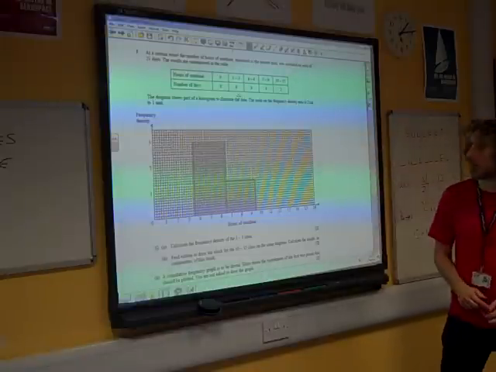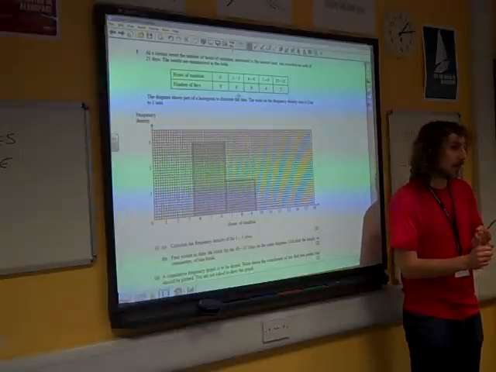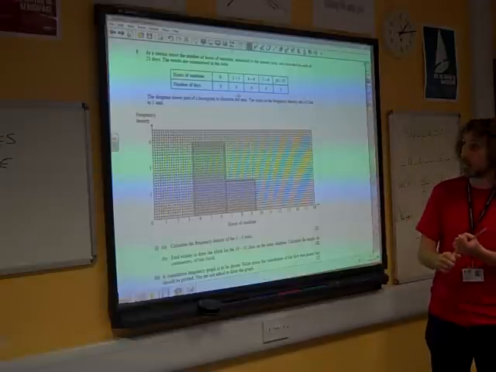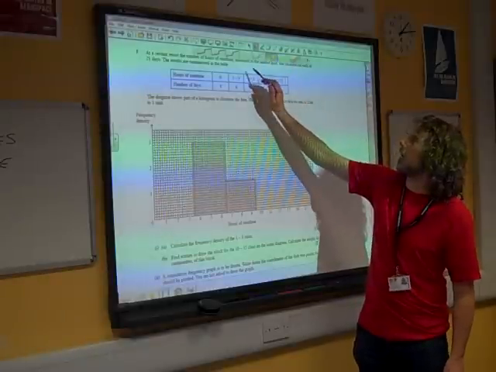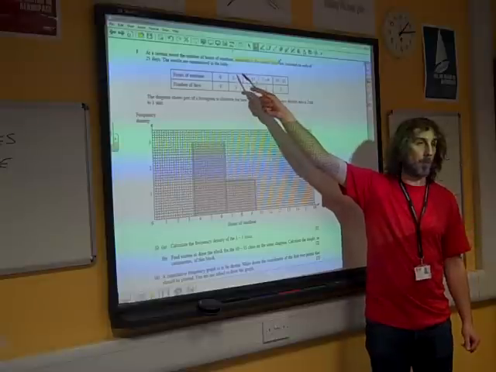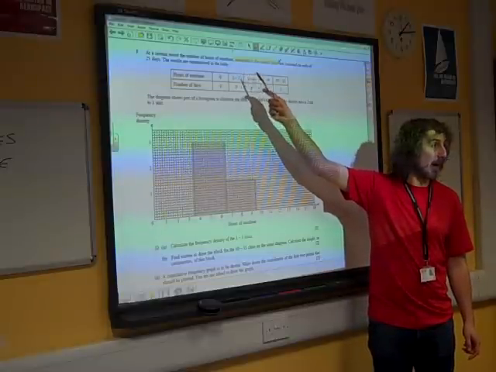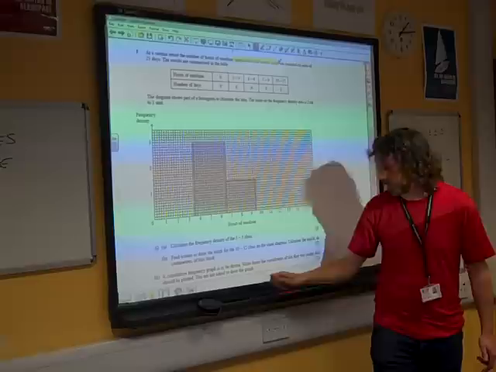Okay. So remember, the first thing that we need to think about is the width. We need to be really careful about our boundaries of each of our classes. The key thing here, we're told that this is measured to the nearest hour. So these figures 1 to 3 are to the nearest hour. That actually means 0.5 to 3.5.